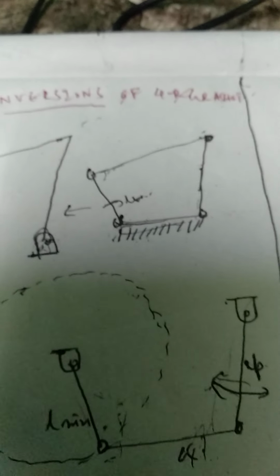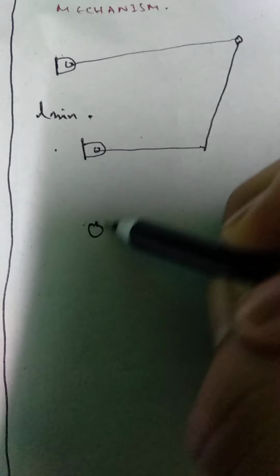Okay. Now in the case of another inversion, we will fix the shortest link. So I will redraw the mechanism over here.